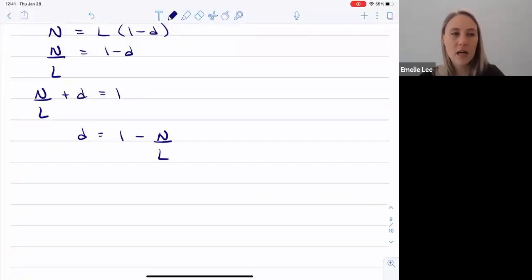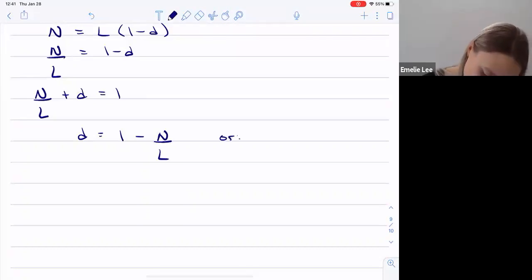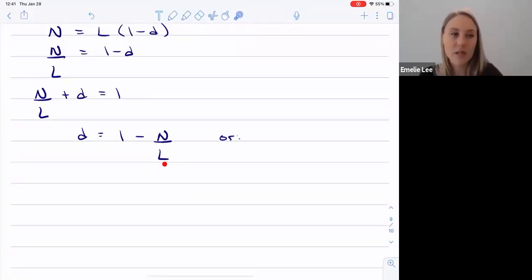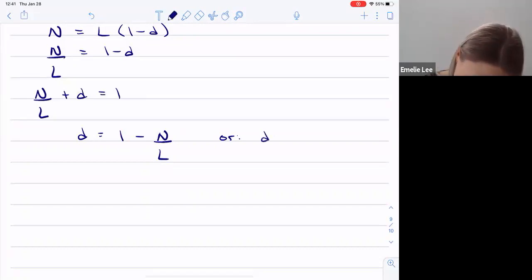Okay. I'm pretty sure it accepted this version, right? Or if you force the common denominator, then you would have to multiply this 1 by L over L. So this becomes D is L over L minus N over L. Oops.